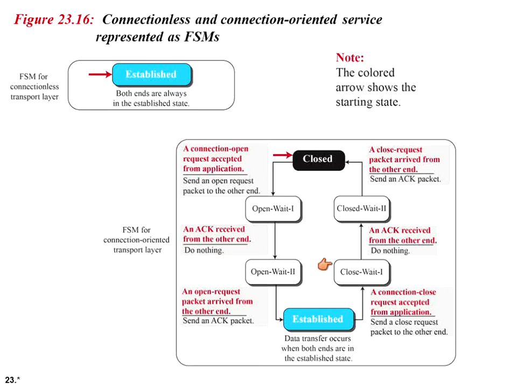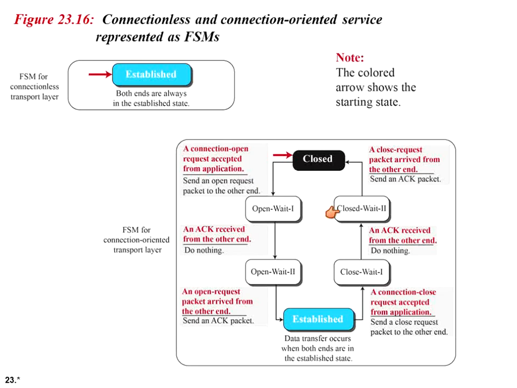Now when an acknowledgement is received from the other end, the machine moves to close wait 2 state and waits for the close request packet from the other end. Now when this packet arrives, the machine sends an acknowledgement and moves to the closed state.